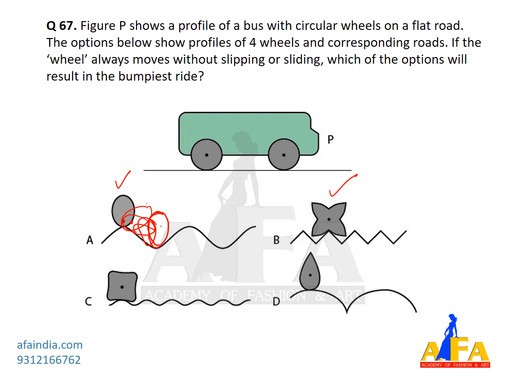And then your point will come at this point. Okay, so it will follow a path like this. The point will follow a path like this. If you see with the option, this one, it will come like this. The center stays at the center. It means it will have a straight line. So no bumps will be there in this kind of wheel.